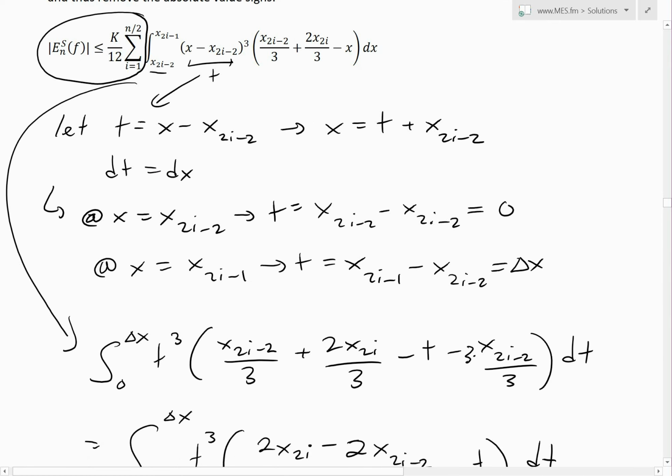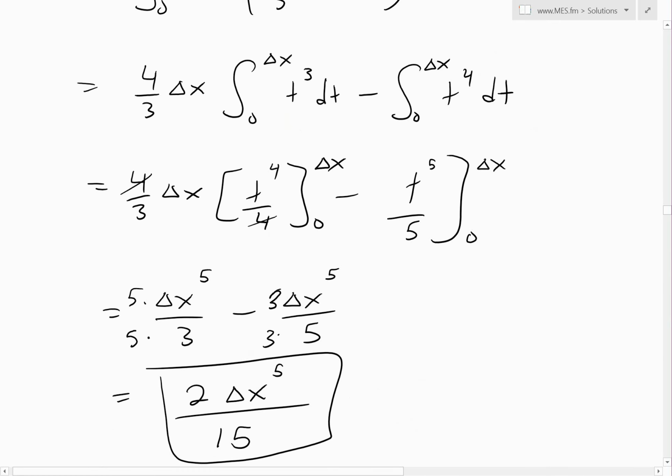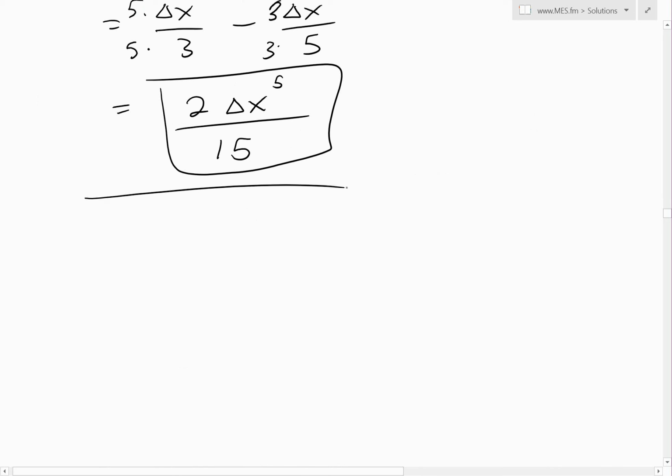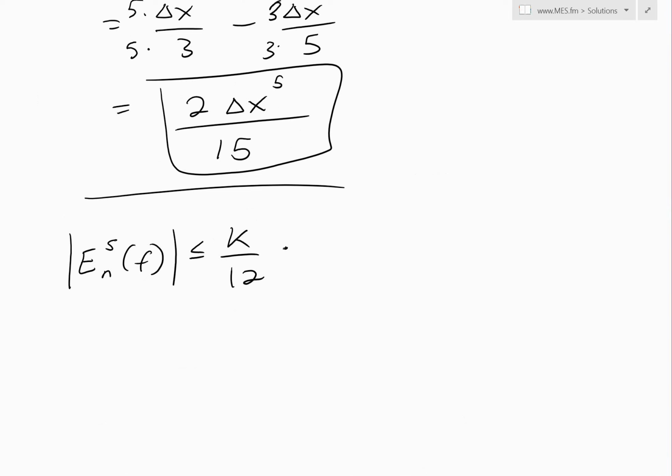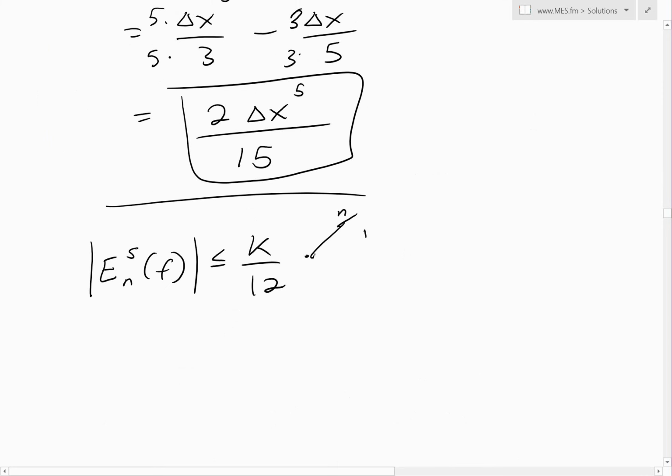So what we finally get is the absolute value of S_n minus the integral of f is less than or equal to k over 12 times the summation up to n over 2, from i equals 1, of 2 delta x to the power of 5 over 15.